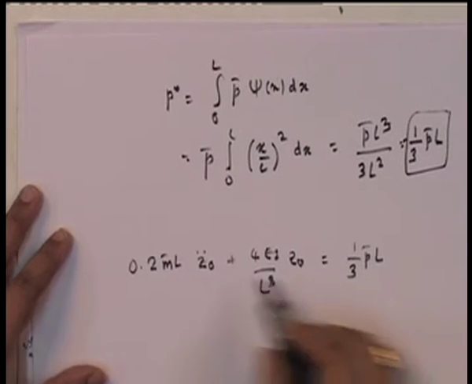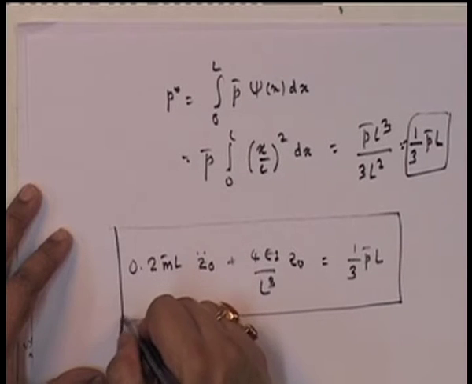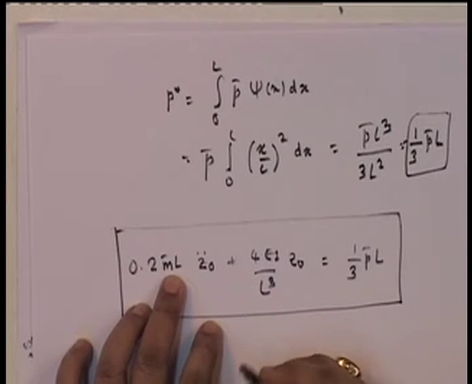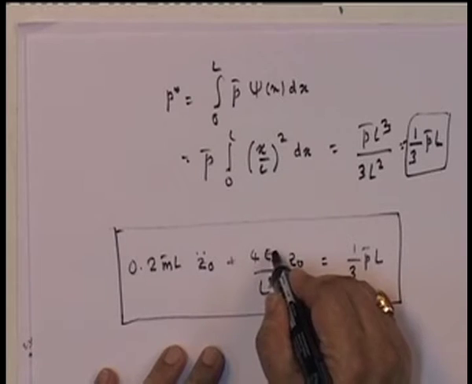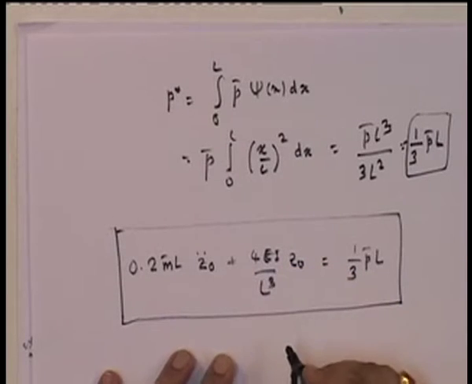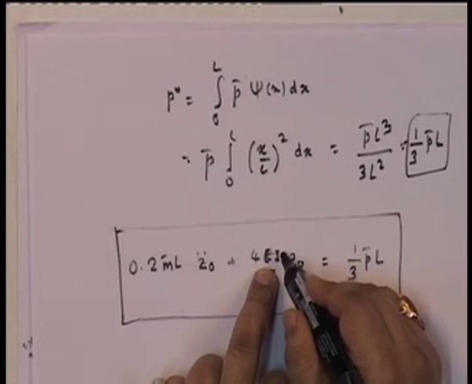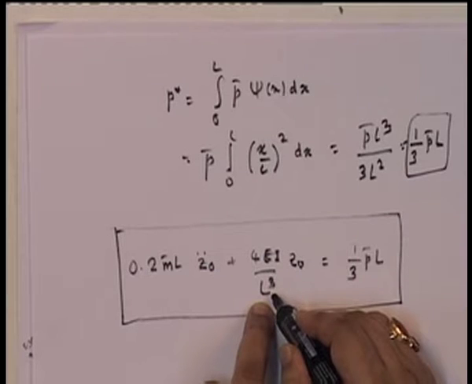bar L. Now, let us look at the units that we have. M bar L is mass units, because m bar is mass per unit length, m bar L is mass. Now, E is Newton per meter squared, I is meter fourth. So, this becomes Newton meter squared by meter cubed, which becomes Newton per meter.